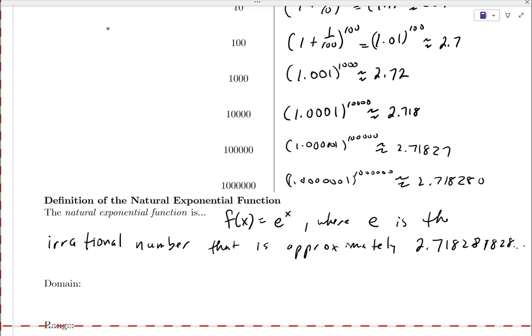And it's the number that these values get close to. In math, we refer to that as a limit. It's the limit as n approaches infinity of that expression that we just did a minute ago. Not approximately, approaches.